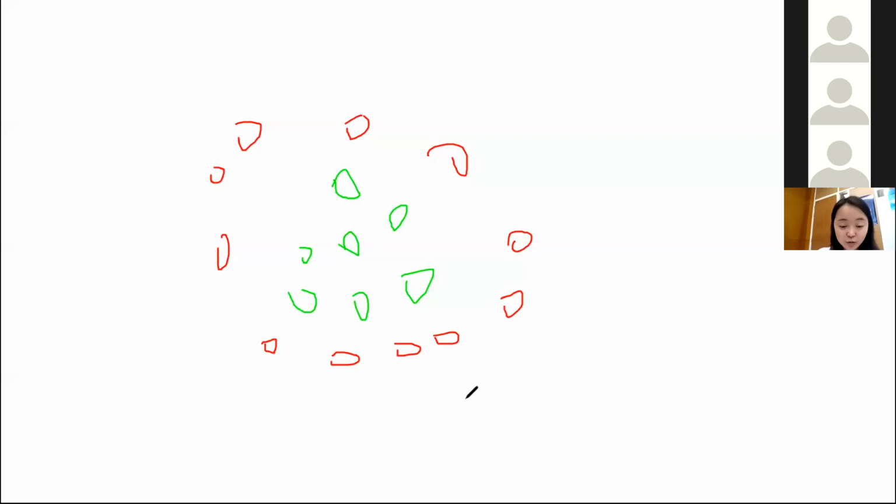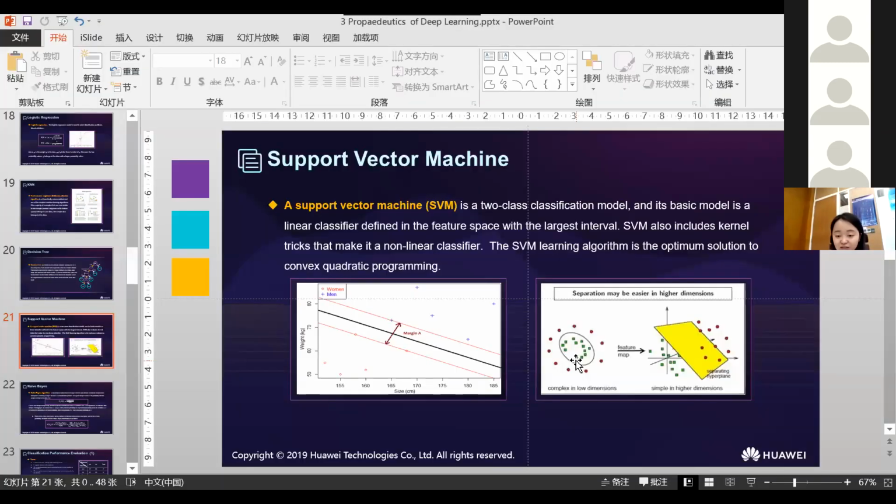So here we need to use a kernel to convert these samples from 2 dimensions to higher dimensions. Like this, if we use the kernel trick, these are samples in 2 dimensions, and we can convert these samples into 3 dimensions.